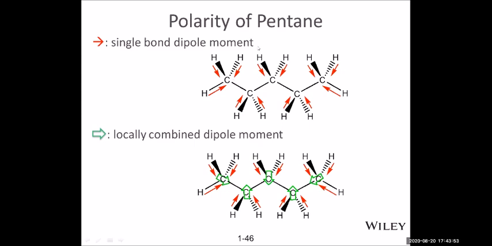So you can see each bond is slightly polar. It looks very busy, but those dipoles can cancel if the dipole moments have the same value and are opposite to each other, which means 180 degrees to each other.